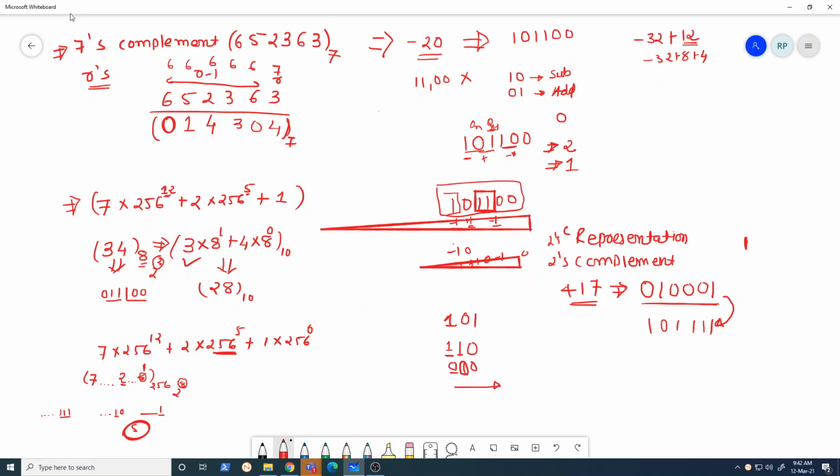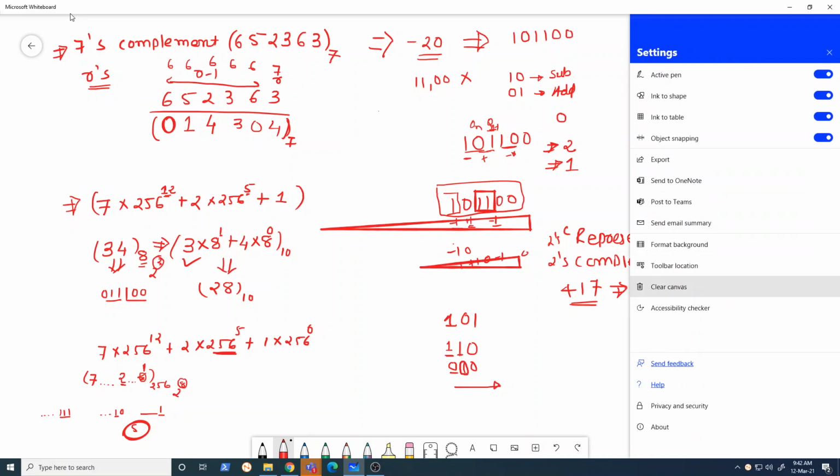The next is: how many tag bits are required in the direct mapping technique for the given data?